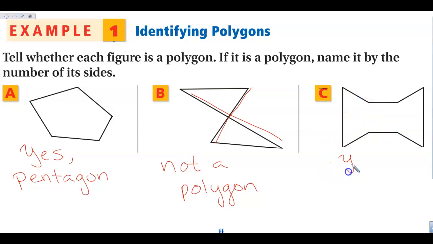So this is a polygon, and it has 1, 2, 3, 4, 5, 6, 7, 8 sides, and they're not all equal. That was just me counting. So we've got 8 sides, so it is an octagon. Any 8-sided polygon is an octagon.